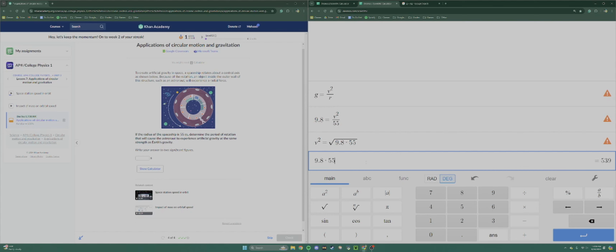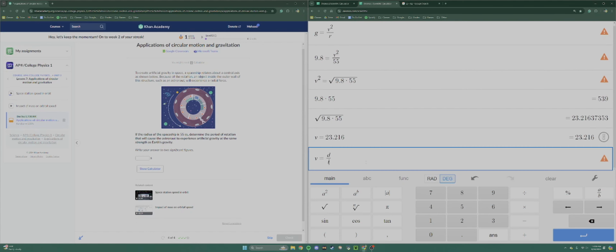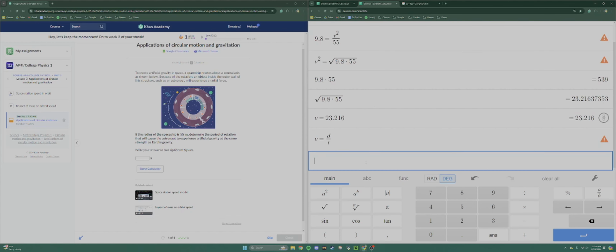9.8 times 55 is equal to that. The root of 9.8 times 55 is equal to 23.216, and that's now our velocity. But we still need to find seconds, and velocity is meters per second, or some distance over seconds. So we're going to solve for time, which is t equals d over v.